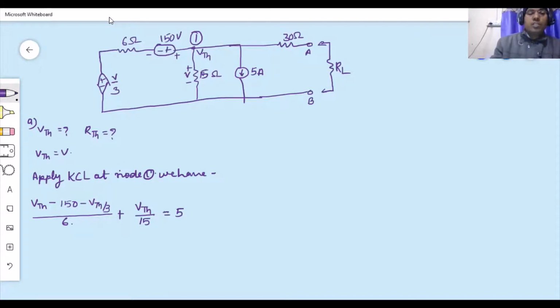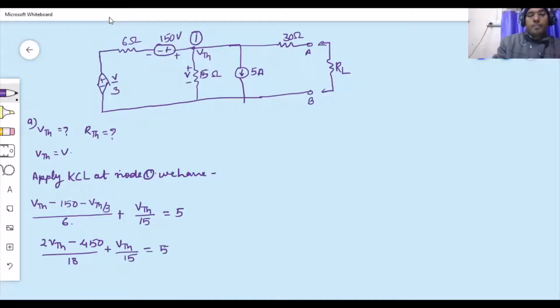By simplifying this equation, we have (2 times VTH minus 450) upon 18 plus VTH upon 15 equals to 5.